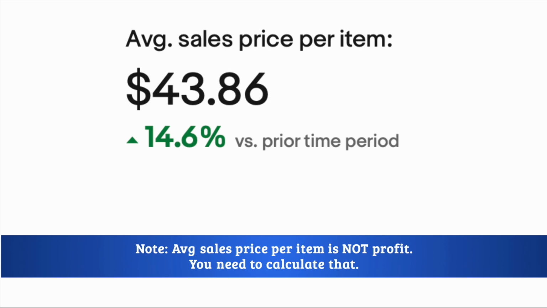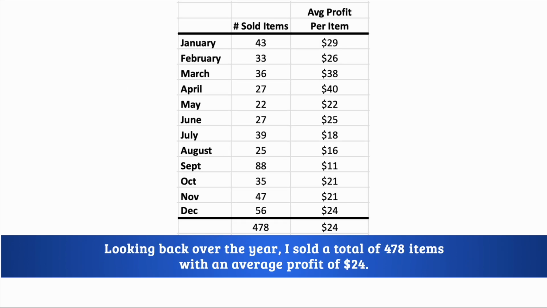Also, eBay's average sales price includes the shipping cost of the item. And this is why it's important to keep your own records so you know what your profit is. eBay doesn't back out the shipping cost, and they don't know what you paid for something. So they can't give you a profit number. Only you know that, and that's something you need to track if you want to know what it is.